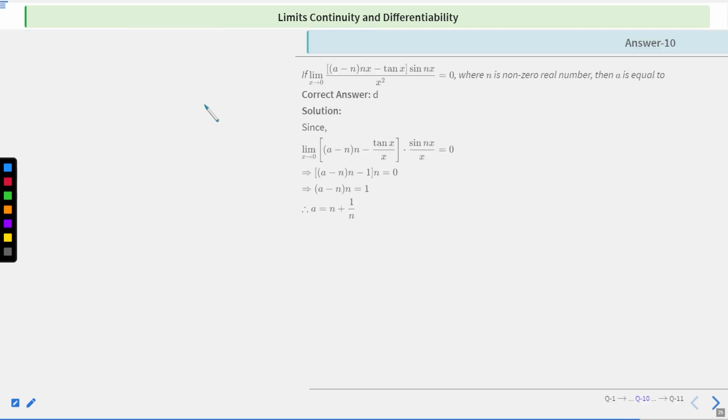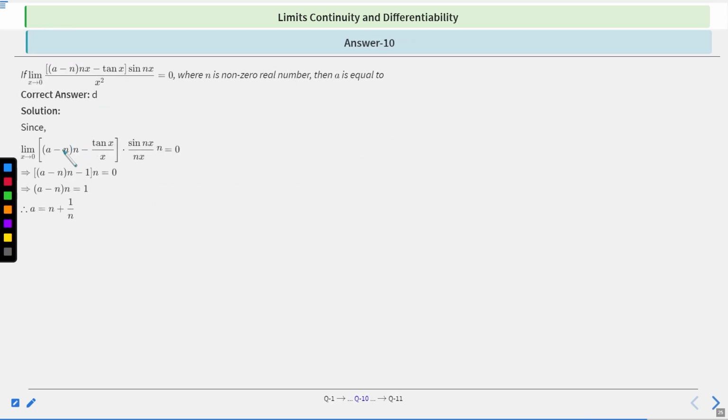Okay, let's move to the solution part. Since the limit as x tends to 0 of (a - n)n - 10x upon x, what we have done is taken 10x as common, into sin nx upon x. Clear? So see, in the limit this term will be 1 and also this term will be 1, right? So it is (a - n)n - 1 into n.